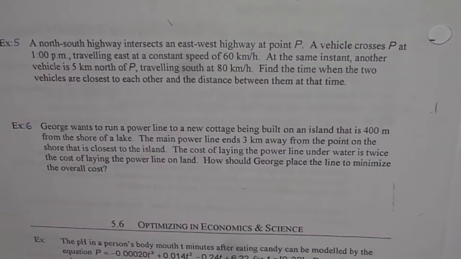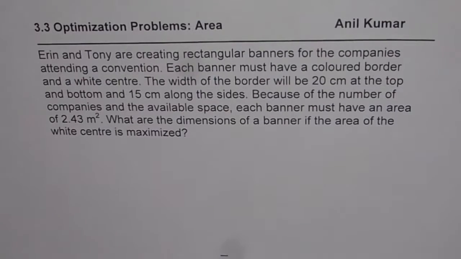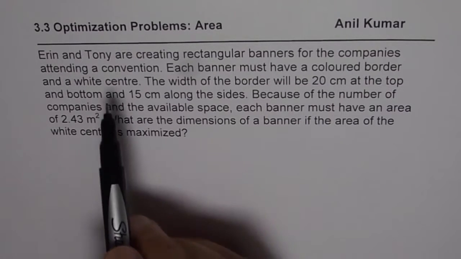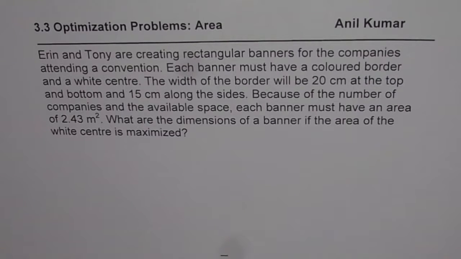In this particular video, we will start with the first example and then take them one by one, right? The first example is: Aaron and Tony are creating rectangular banners for the companies attending a convention. Each banner must have a colored border and a white center. The width of the border will be 20 centimeters at the top and bottom and 15 centimeters along the sides.